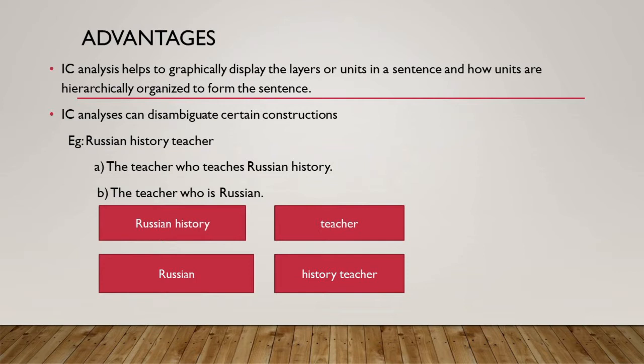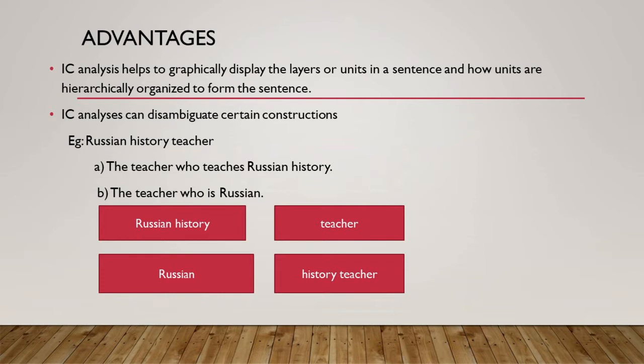IC analysis can disambiguate certain constructions. For example, Russian history teacher. Now, you can have two IC analyses for this in order to show two ICs or two meanings for this.